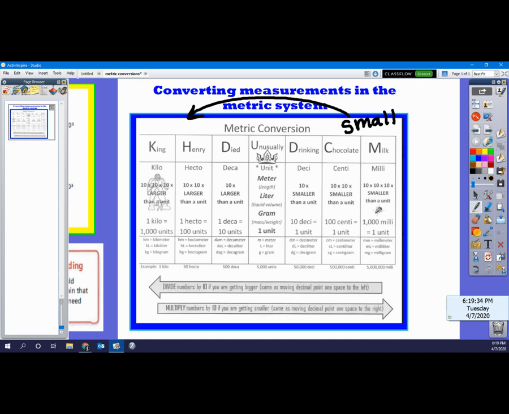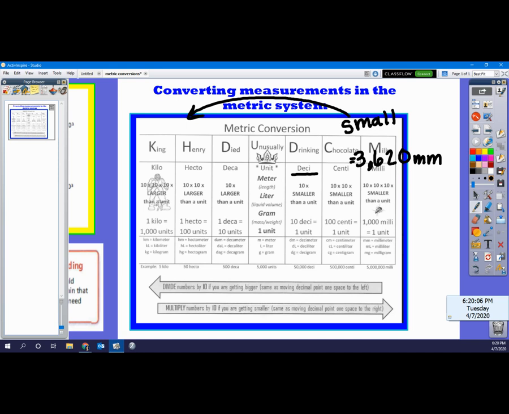For instance, let's say we have 3,620 millimeters, and I want to know how many decimeters that is. So if I had 3,620 millimeters, how many decimeters is that?